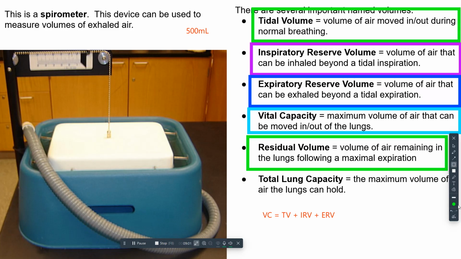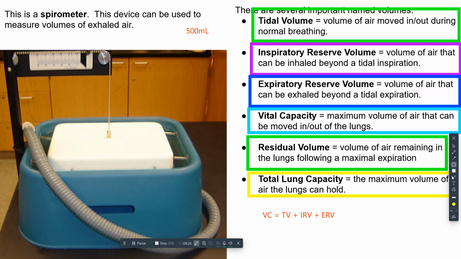Now finally, we have the total lung capacity. This is the maximum volume of air your lungs can hold. So if you totally fill your lungs with air, you'll have achieved your total lung capacity.